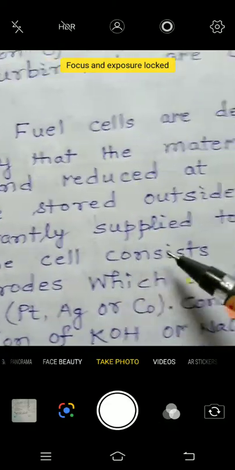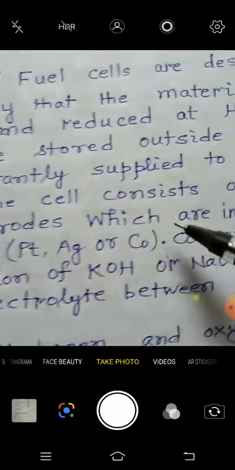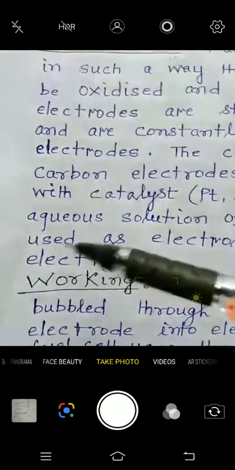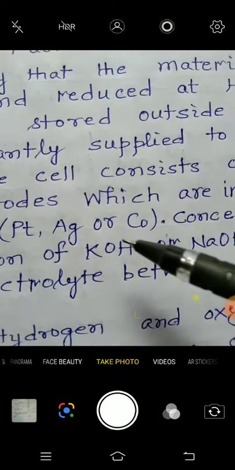The cell consists of porous carbon electrodes which are impregnated with catalysts like platinum, silver, cobalt.